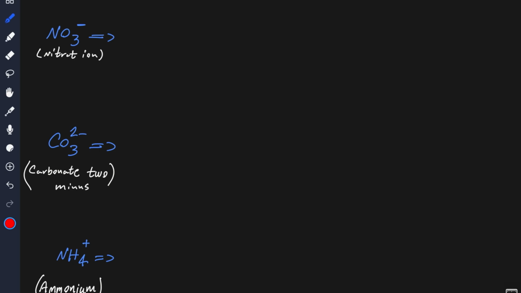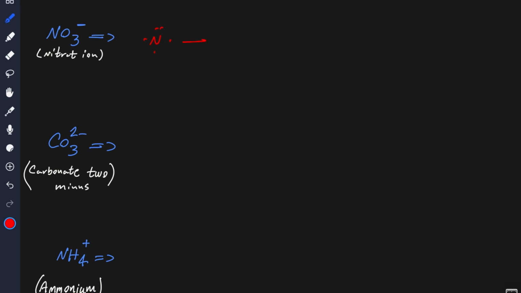So now we can draw the Lewis structure of ions. Nitrate ion, NO3 minus 1. So first of all, the central atom is nitrogen. Yes. So minus 1 means the molecule takes 1 electron more.